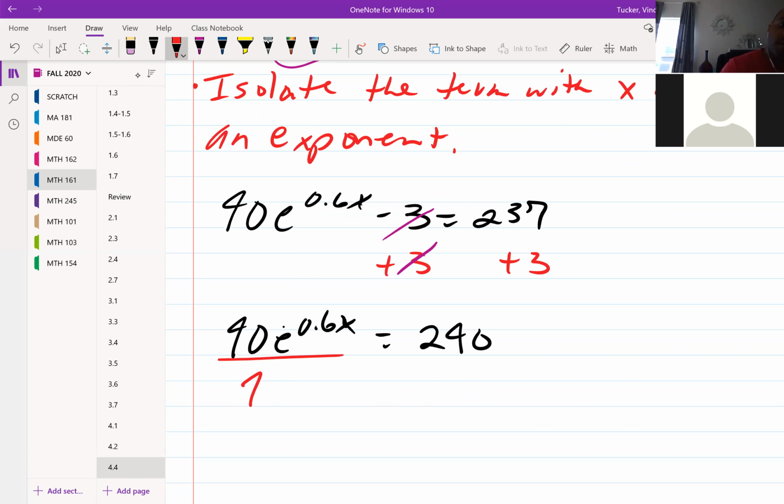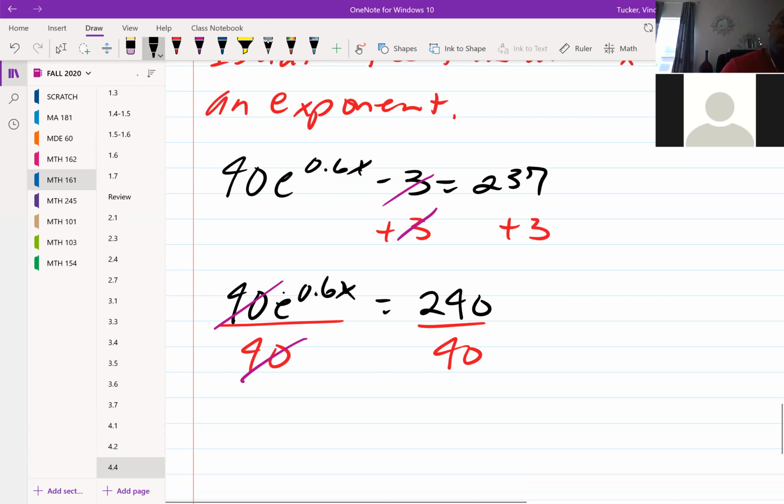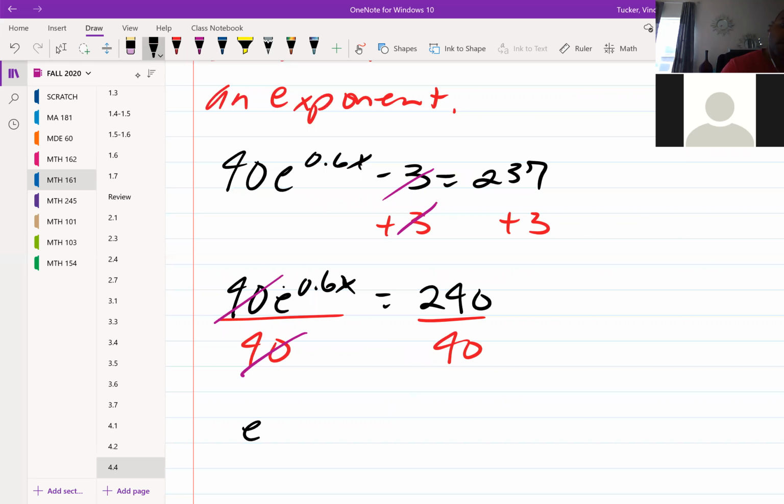And we divide by 40. All right, so it's not, it should be 6.